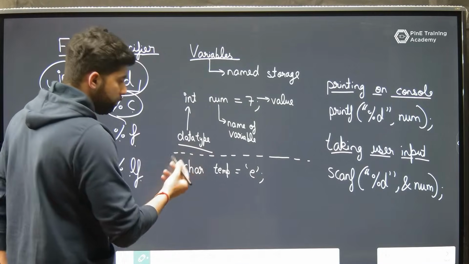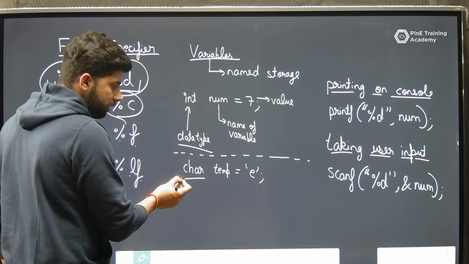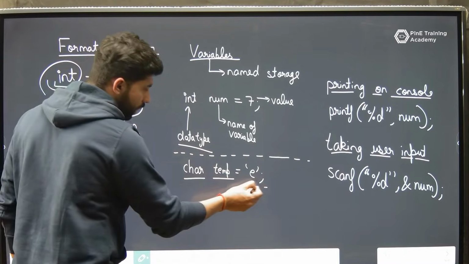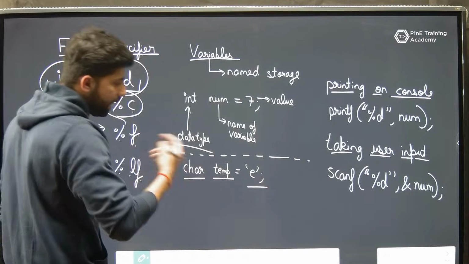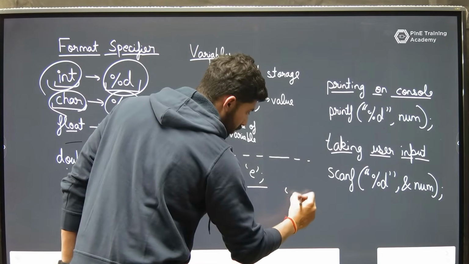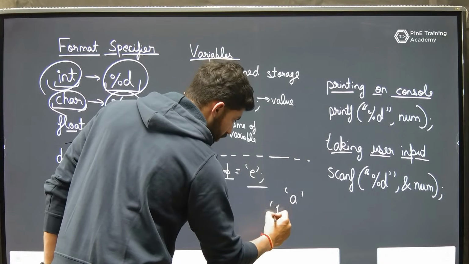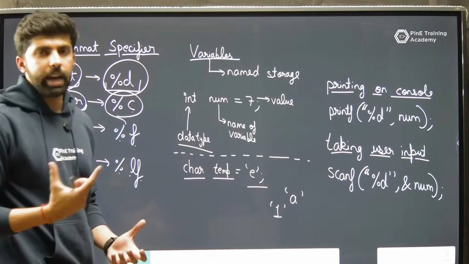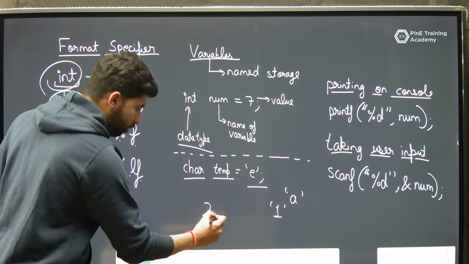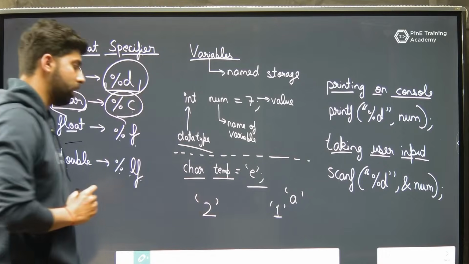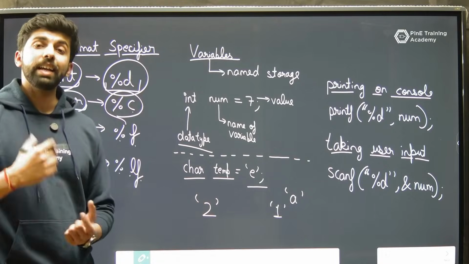Or if we want to make a char variable, we can write char, which is the data type, temp, which is the name of the variable, and a value. Anything which is written in single quotes is a character. If I write 2, it is an integer right now, but if I enclose it in single quotes, it is a character.